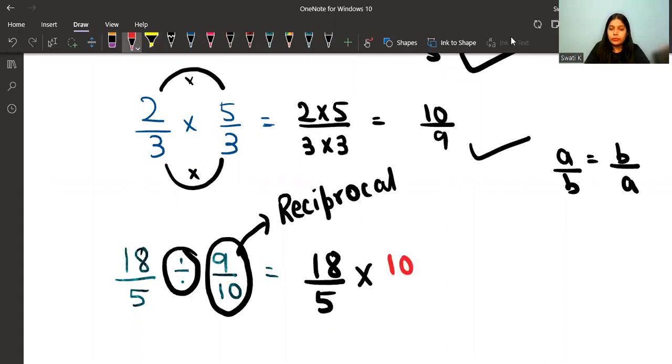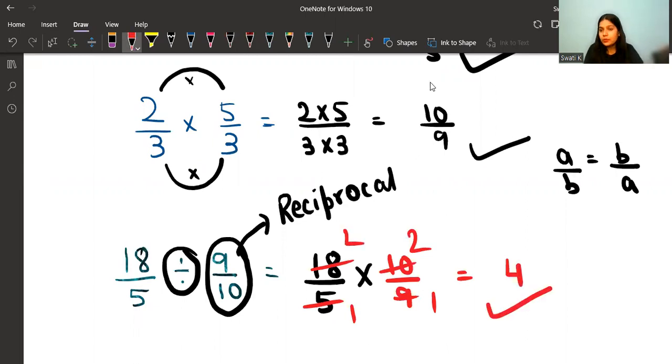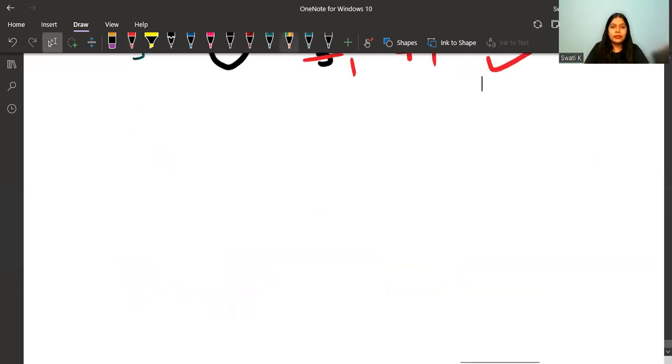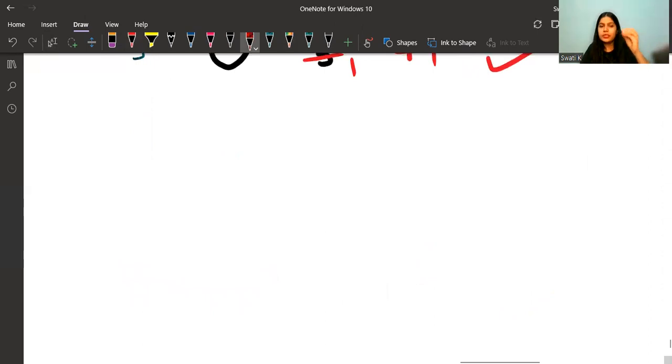Now here you can simplify this. 5 times 1 is 5, 5 times 2 is 10, 9 times 1 is 9, 9 times 2 is 18. So the answer is just 4. Remember, 4 can also be written in fraction form as 4 by 1. All right. So this is how you can do the addition, subtraction, multiplication, and division of like fractions.